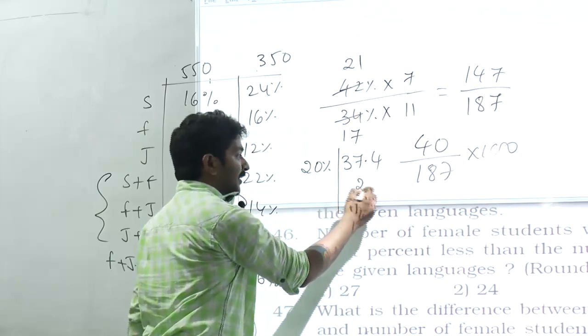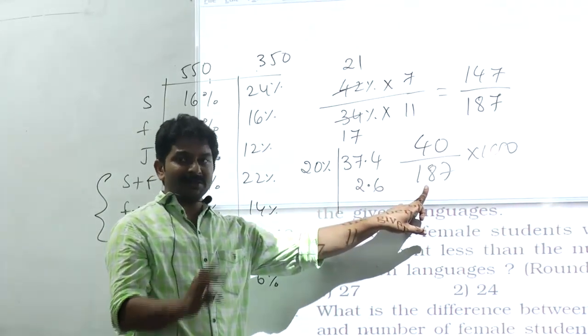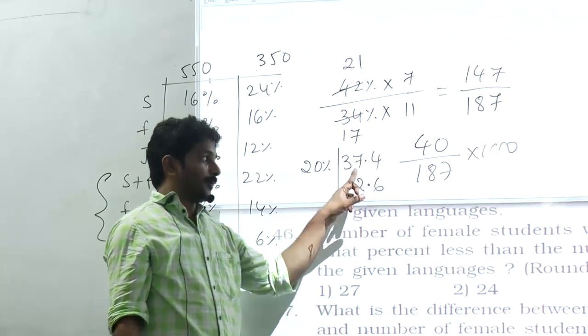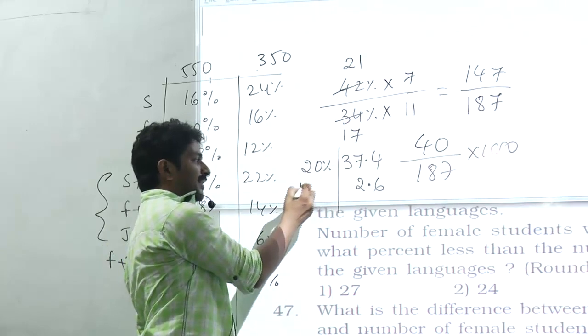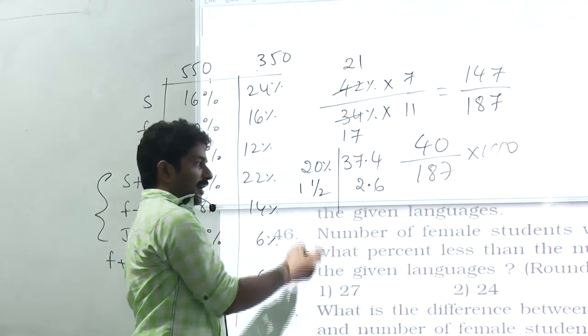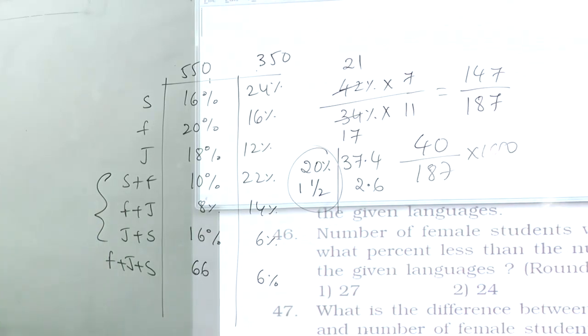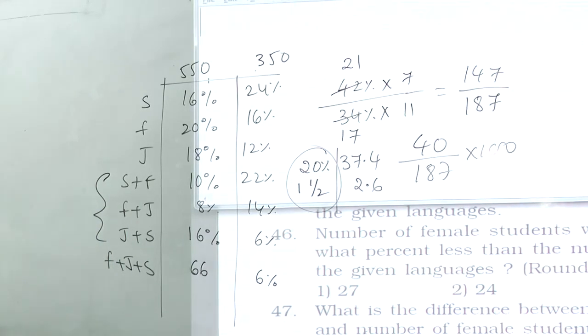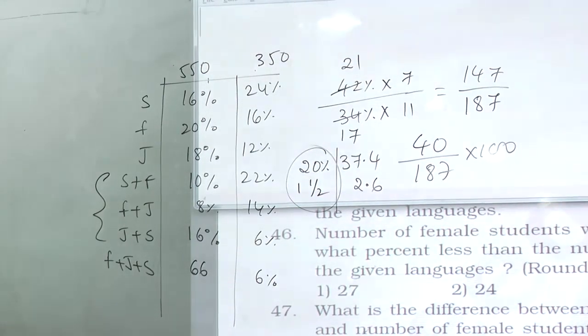Still you need to add 2.6. What about 1%? 1.8. 2% will be more than that. 2% is 3.74. But you cannot add that. So number is near about 1.5%. Answer should be 21.5%. Near about 21.5%. Yeah, round it off to nearest integer, which is 21.